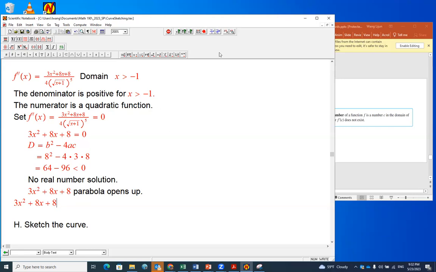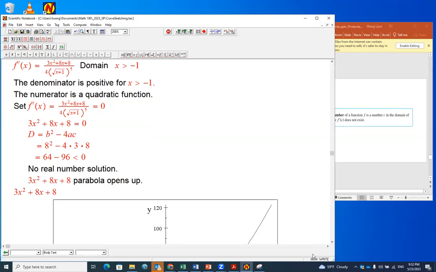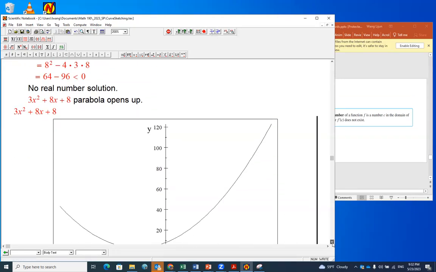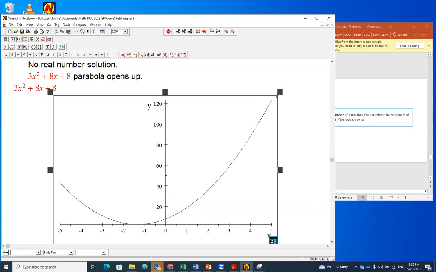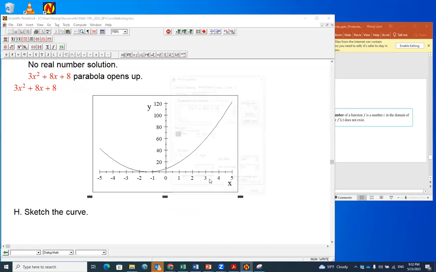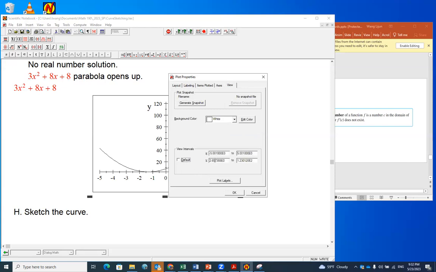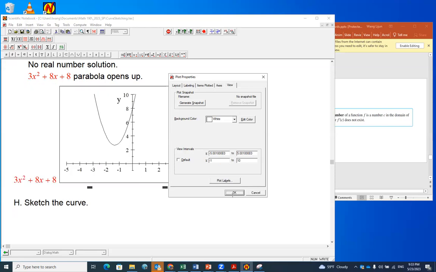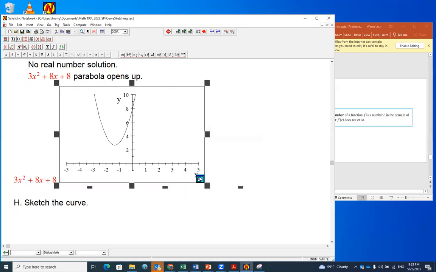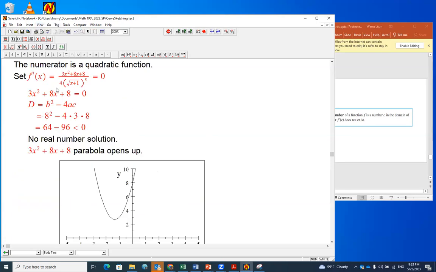If you can imagine that, and you look at the parabola, and make some adjustment, make it 10 and make it -1 for the y's. You can see the parabola is above the x-axis. What does that say? This says the numerator is always positive.